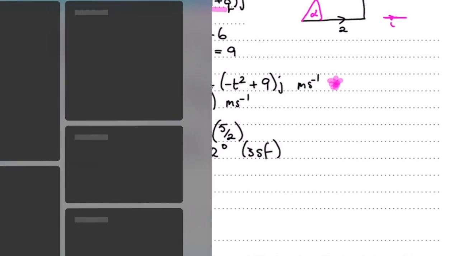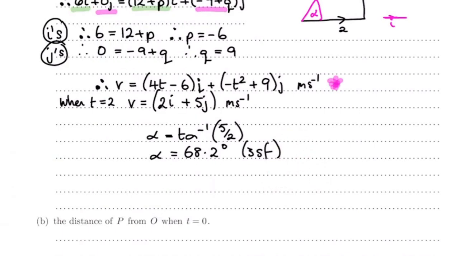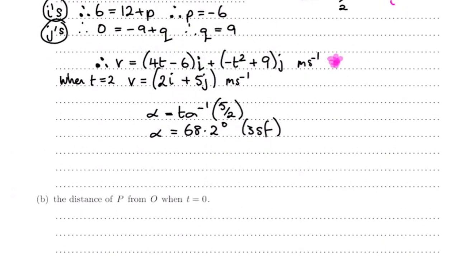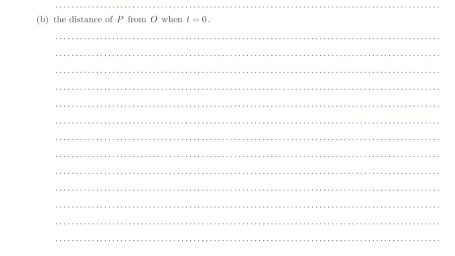And we're going to integrate that again. But if you remember, in the original, we were told a piece of information about the position when t was 3. So our position, we're going to integrate, so we get 2t squared minus 6t plus m.